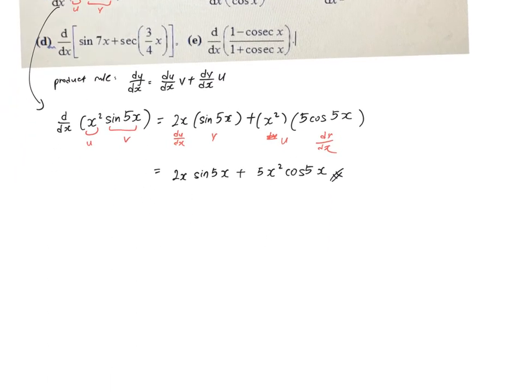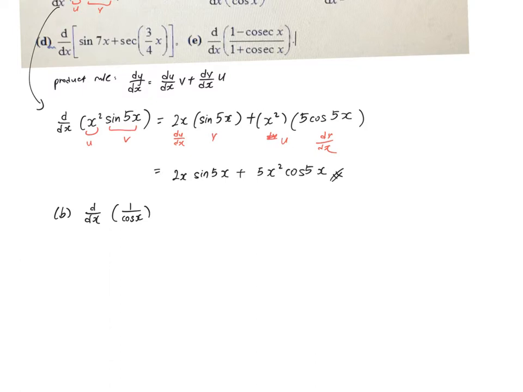For part B, I need to differentiate basically 1 over cosine x. If you want to simplify, you can also remember that this is actually the derivative of secant x. Because 1 over cosine is secant, the derivative of secant is secant tangent, right?